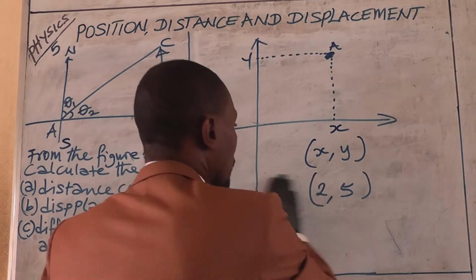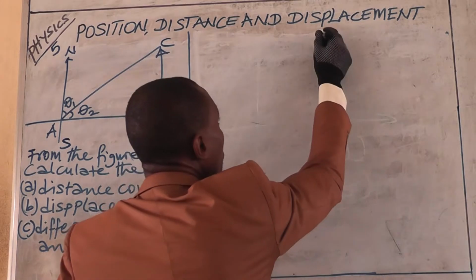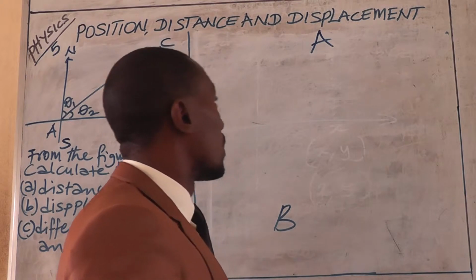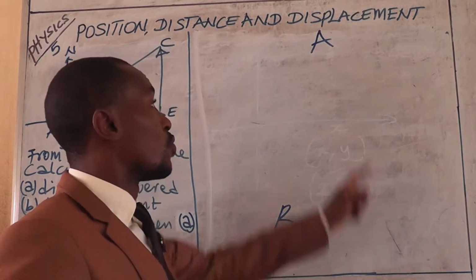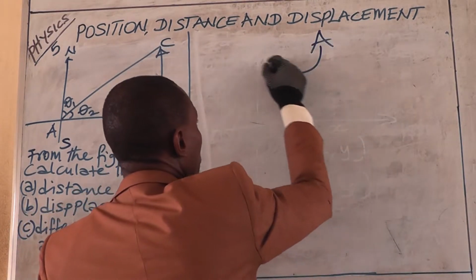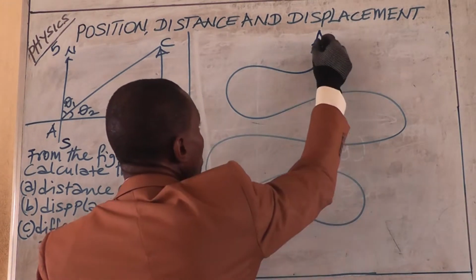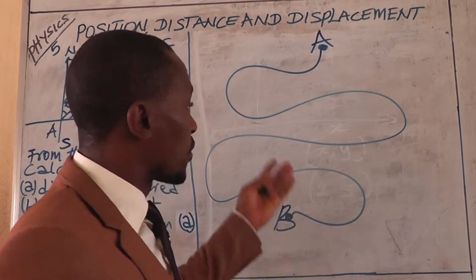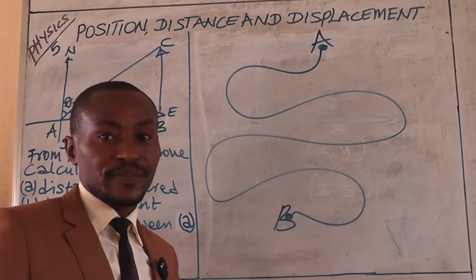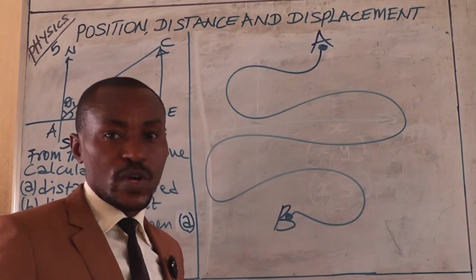For example, if we have 2 points, say point A and point B, and if an object wants to move from point A to B, and the object follows this path, they now ask you, what is the distance covered by this object? Remember, the total length moved by the object, we say it's distance.